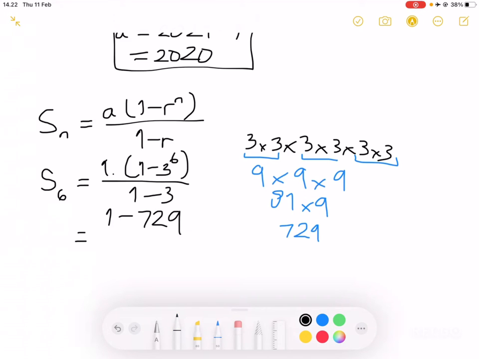And the bottom will be negative 2. This will be negative 728 over negative 2. The negatives cancel, leaving us with an answer of 364. Yep, that's the answer.